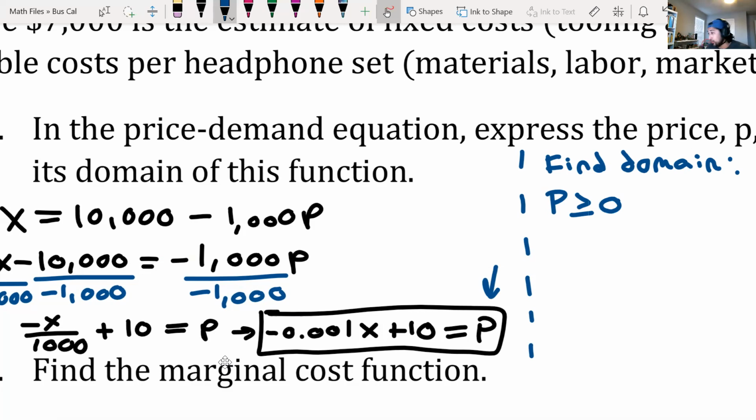So price can hit 0. We just don't want to go below 0. So we set our domain greater than or equal to 0. And now we plug in what our function P actually equals, which is negative 0.001X plus 10. And now all we have to do is solve for X.